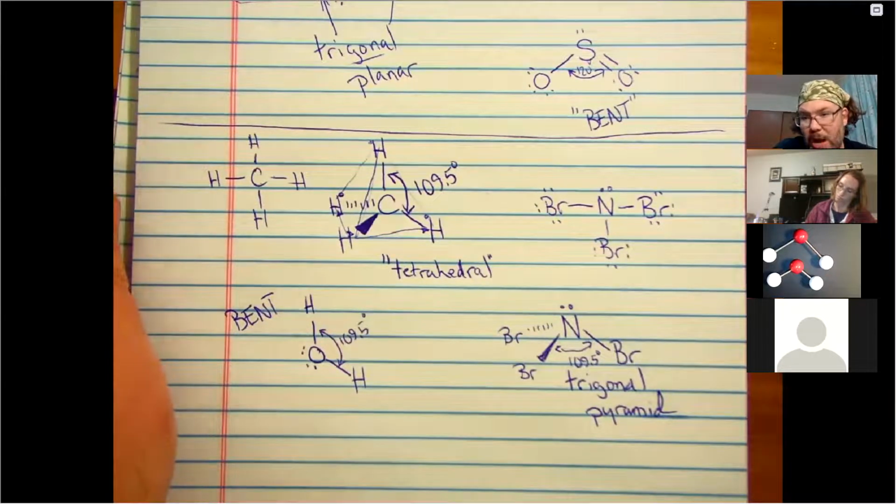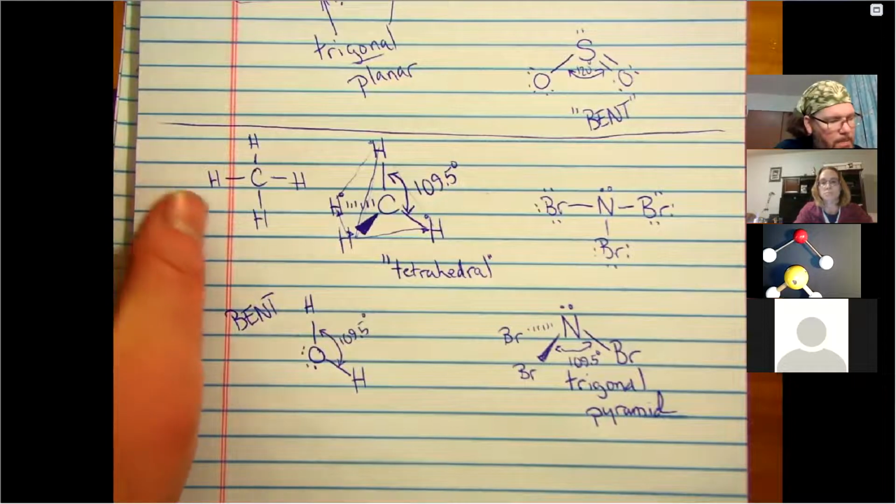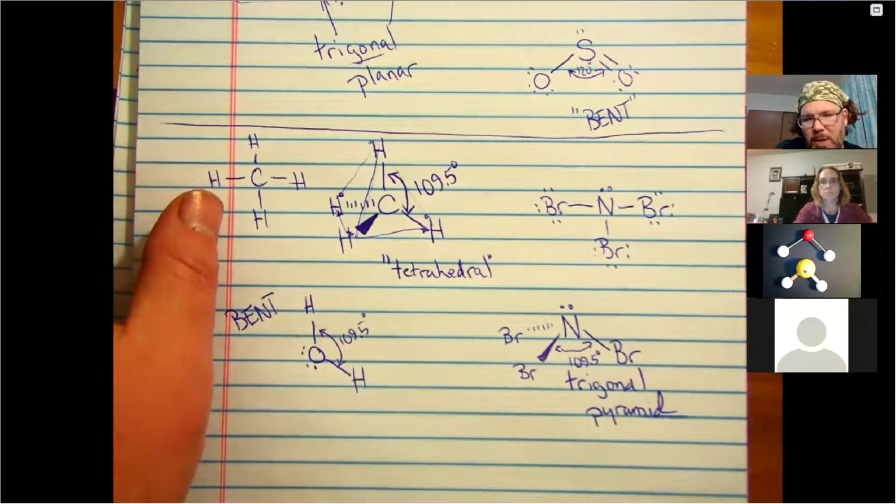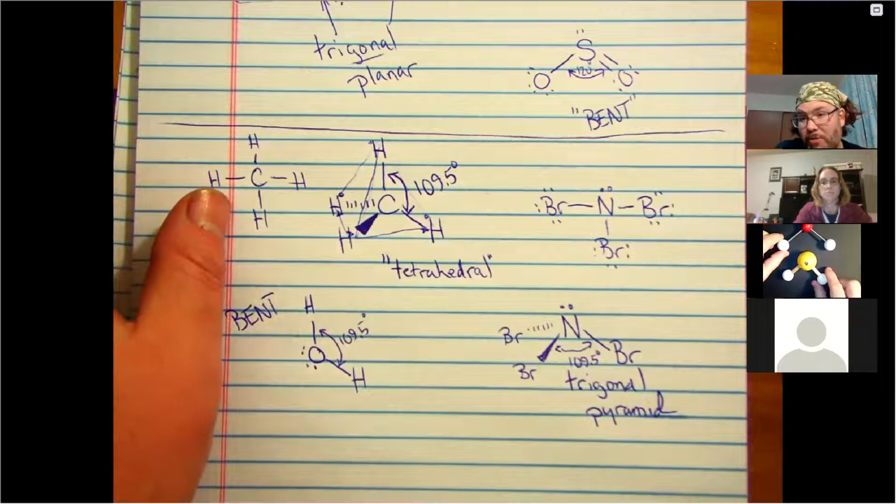So those shapes, anything up to 4 electron groups around a central atom, you will be responsible for being able to diagnose if a central atom is one of those shapes. You should be able to tell me what the shape is of any central atom with 4 or less electron groups.